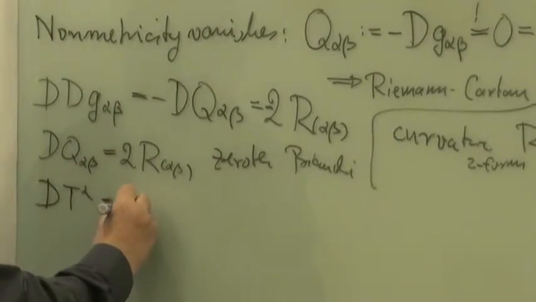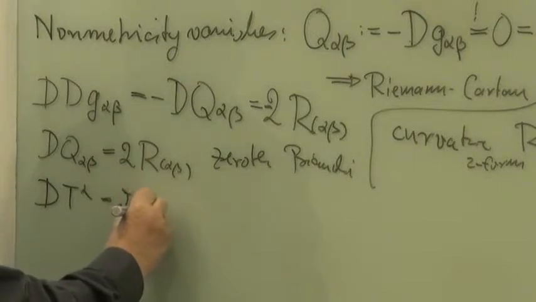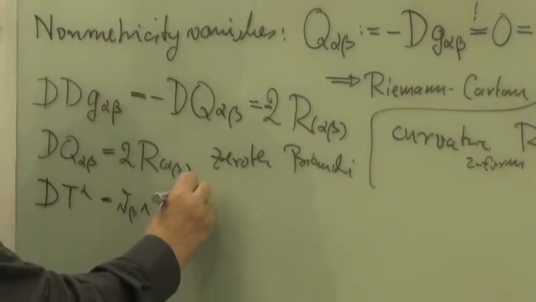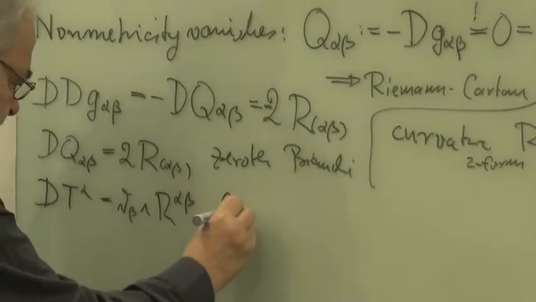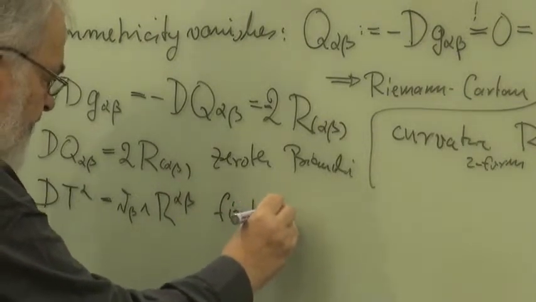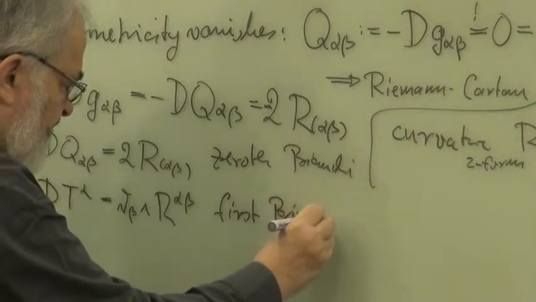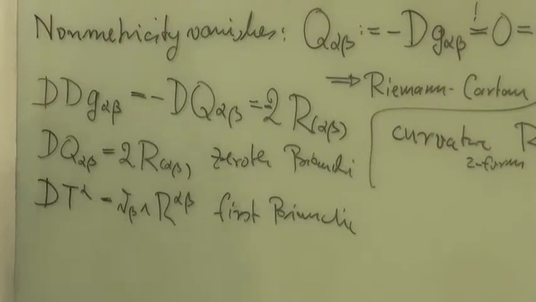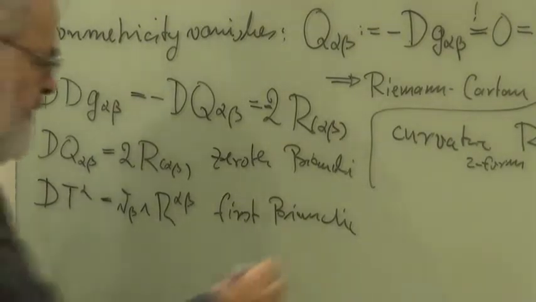Then you find here theta beta, R alpha beta. So that's the first Bianchi identity. I mean, these are just names which, for instance, for the first Bianchi identity you can find in the book of Spivak, for instance.